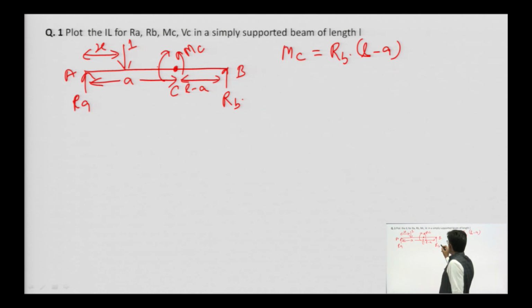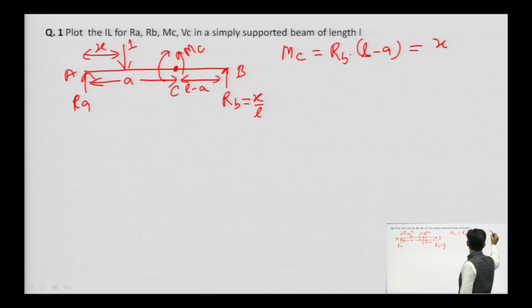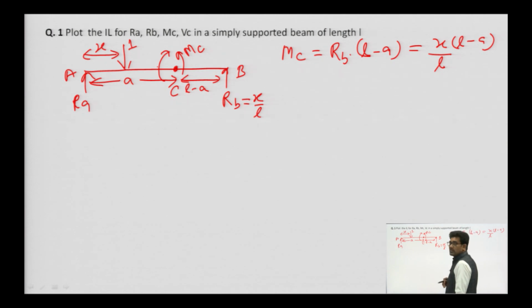Now, we can calculate the value of RB. The value of RB will be x by total L. So, the bending moment at point C is x into L minus A divided by L. We can plot this bending moment.